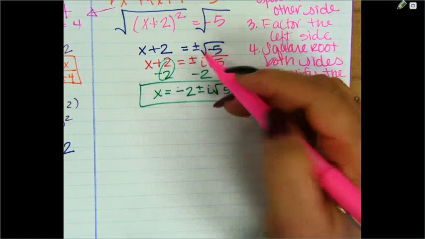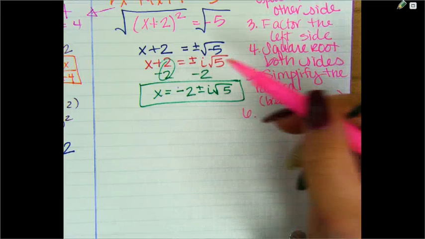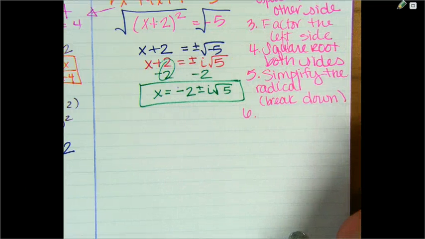Then after I broke it down and I solved for i radical 5, what did I do in the last step? Subtract the 2. Why did I subtract 2?